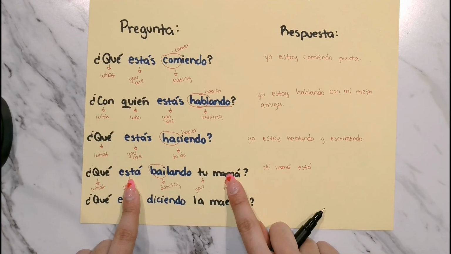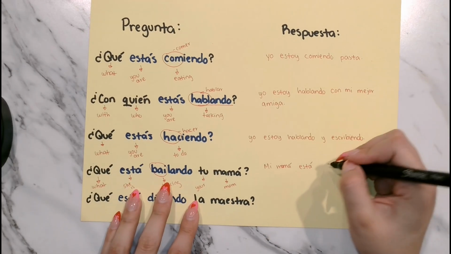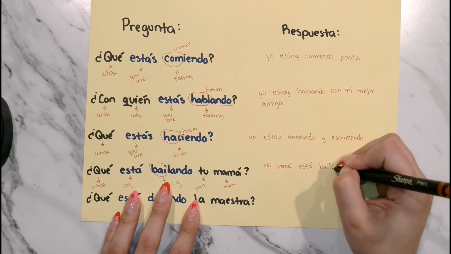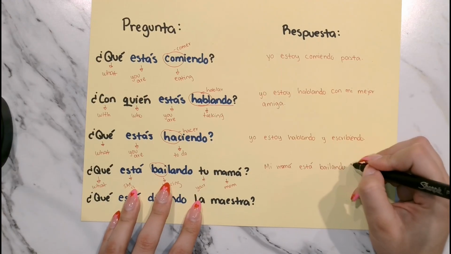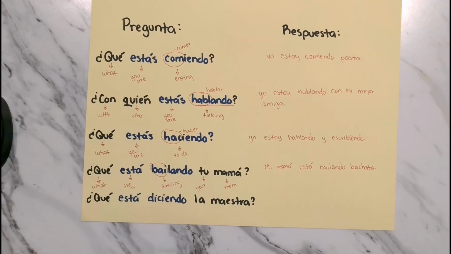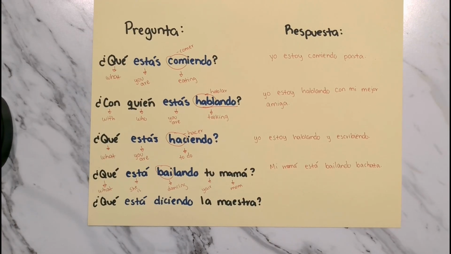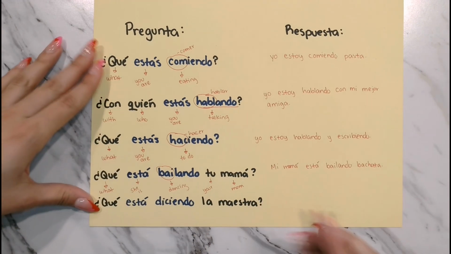I'm talking about my mom. Okay? Mi mamá está bailando bachata. What is your mom dancing? My mom is dancing bachata. Mi mamá está bailando bachata.